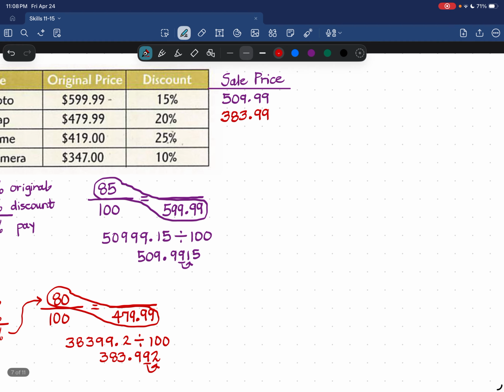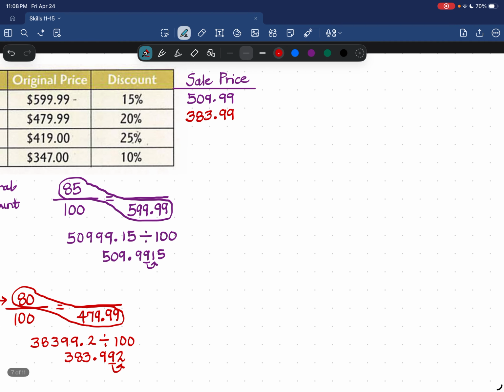Okay, let's do Shutter Time. We have 100% minus the discount. So we would be paying 75% at Shutter Time. 75% of the original $419.